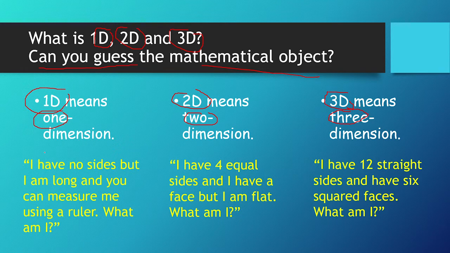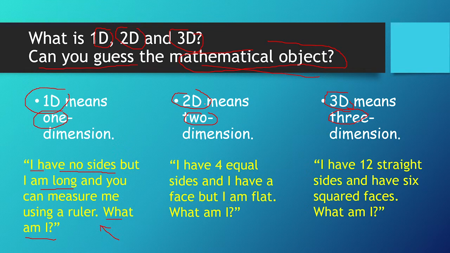Here is a clue for 1D. I have no sides, but I am long and you can measure me using a ruler. What am I? Can you guess what the mathematical object is?